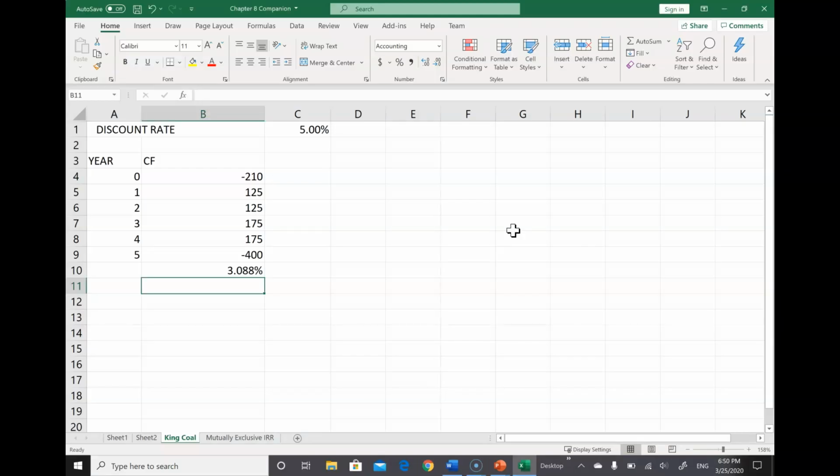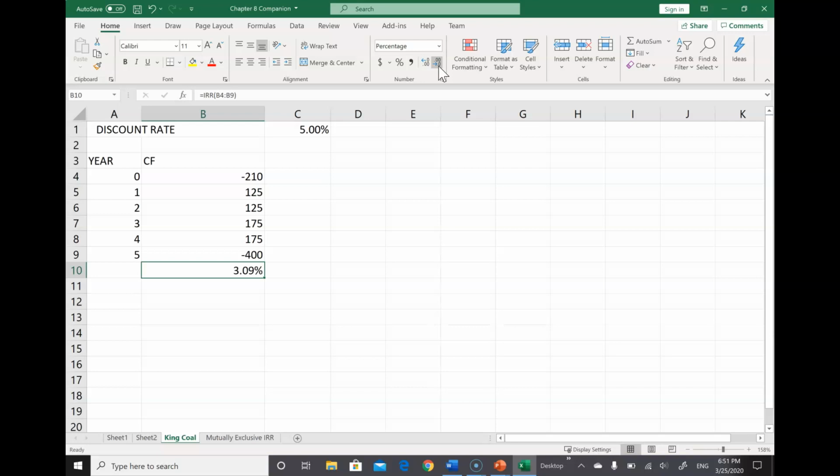So this is the Excel file of the King Coal project, and I already calculated the internal rate of return here. And you can see that Excel tells you that the internal rate of return of this project is 3.09%.